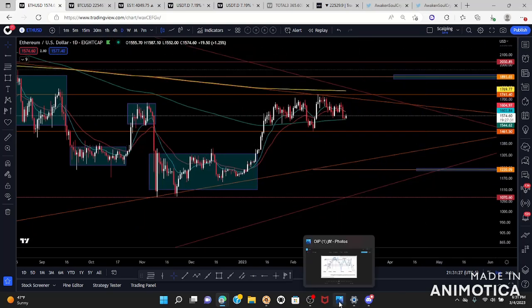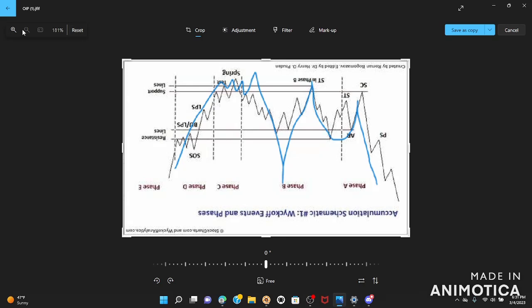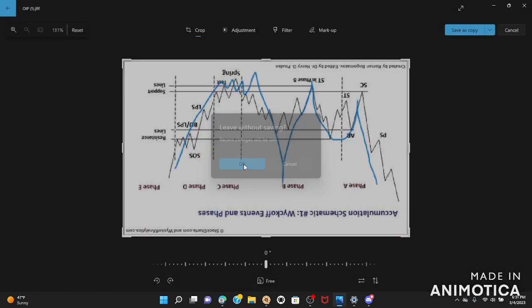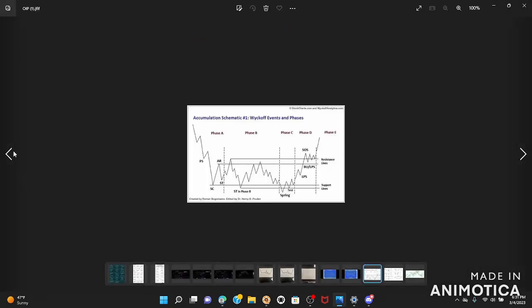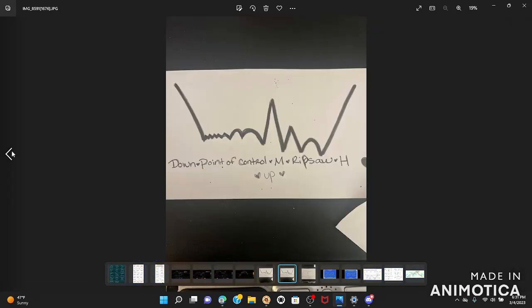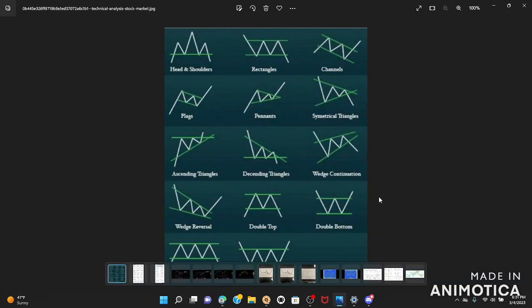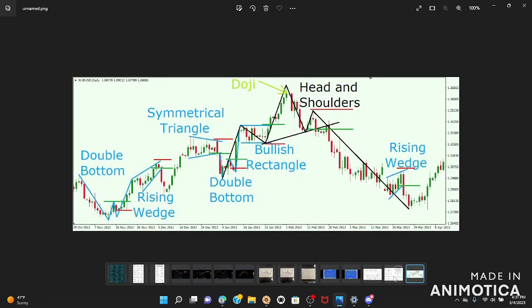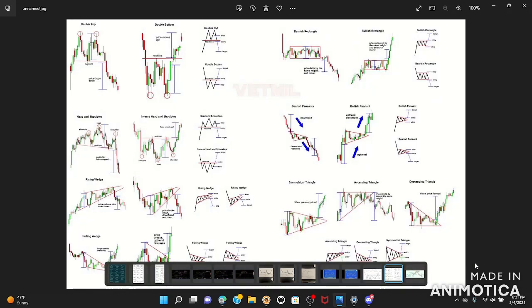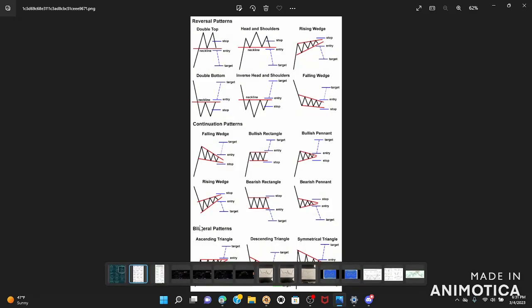Oh, another thing I want to share with you, like I mentioned, those are my drawings here. Every contraction area is going to have a pattern. Understand the Forex patterns, because within every contraction phase, you'll be able to see a bull flag, a bear flag, a double top, a rising wedge, a falling wedge.